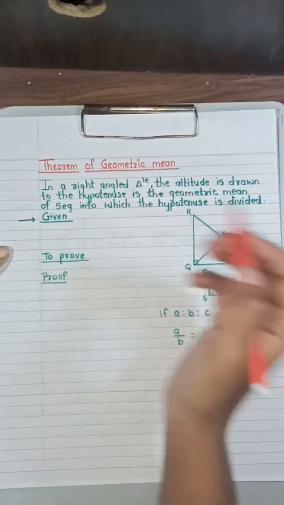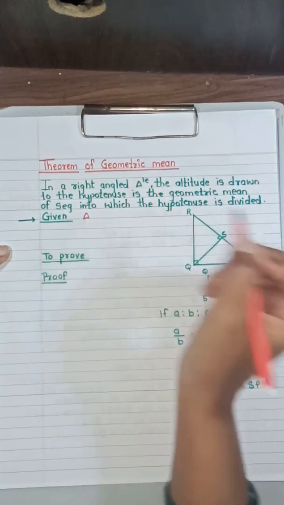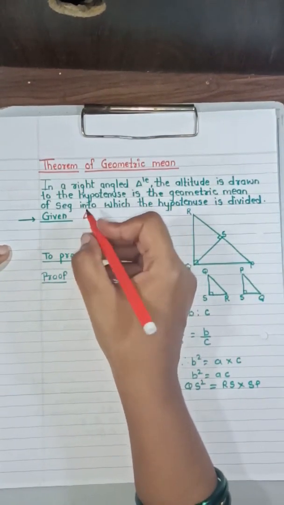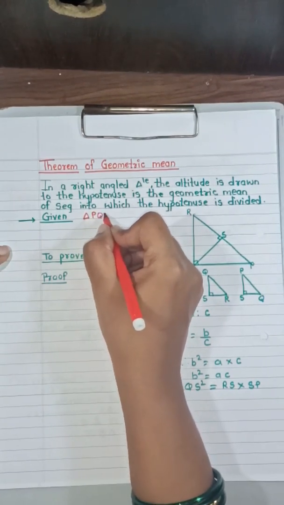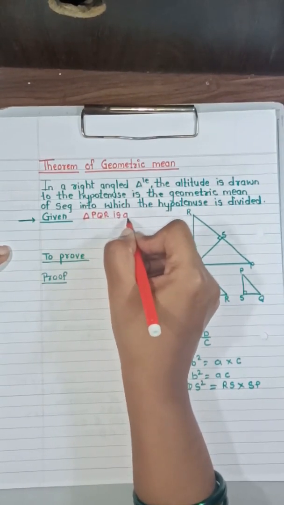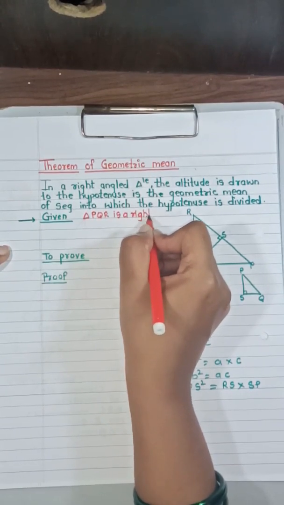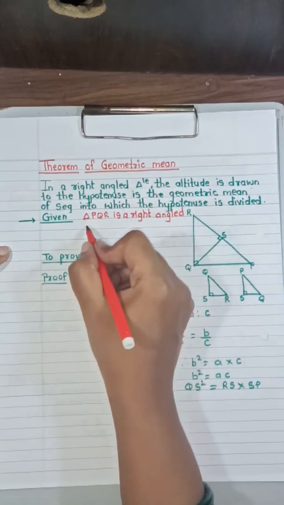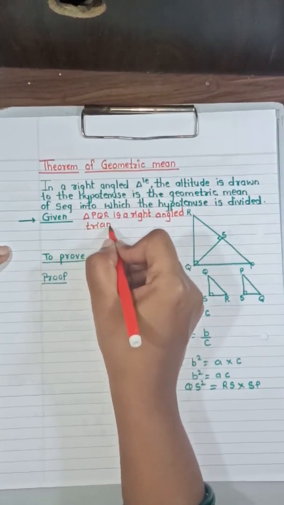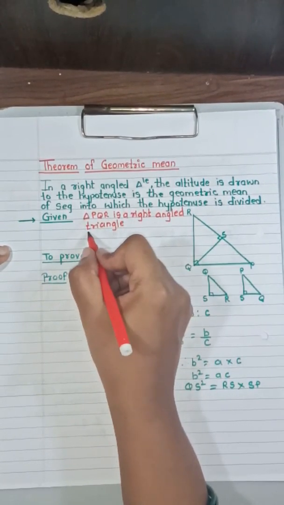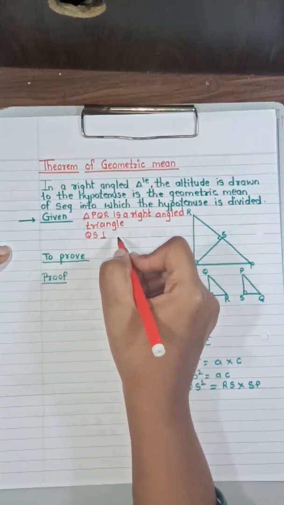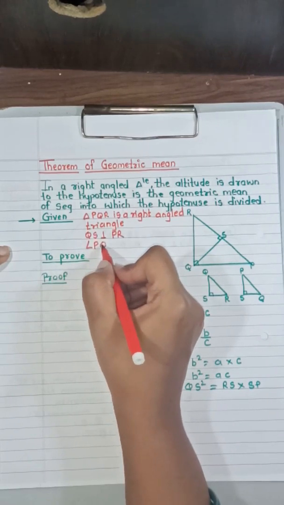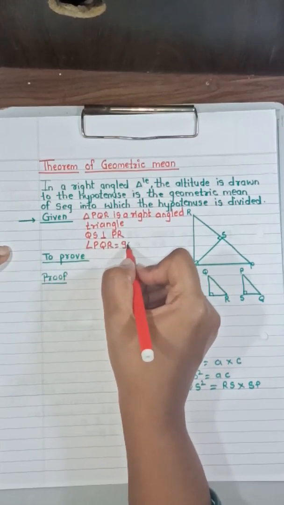Now what is given to you all? Triangle PQR is a right angle triangle. QS is given perpendicular to PR, and measurement of angle PQR is 90 degrees.